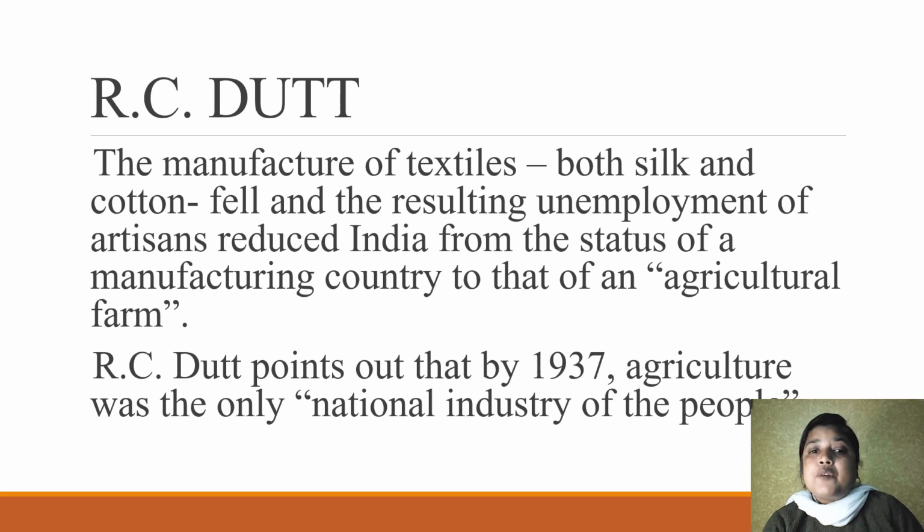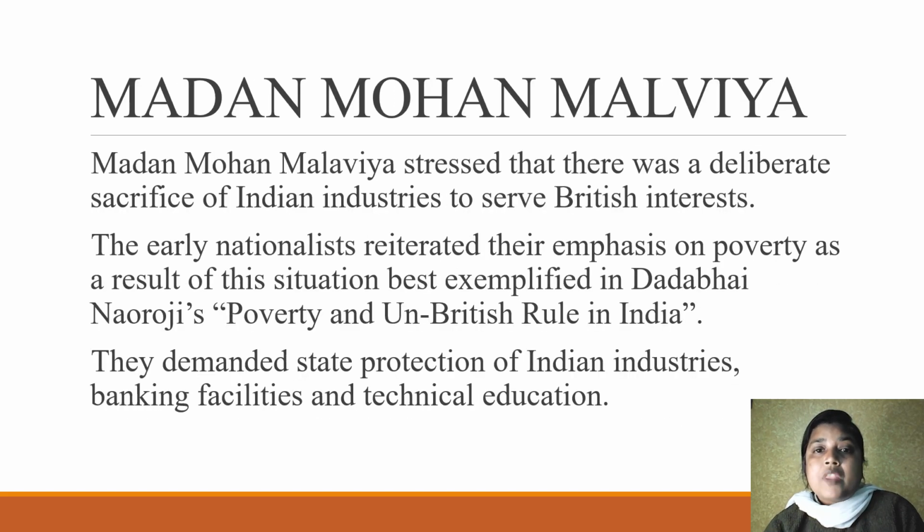And RC Dutt points out that by 1937, agriculture was the only national industry of the people. Madan Mohan Malviya stressed that there was a deliberate sacrifice of Indian industries to serve British interests. The early nationalists reiterated their emphasis on poverty as a result of this situation, which is best exemplified in Dadabhai Naoroji's Poverty and Un-British Rule in India.